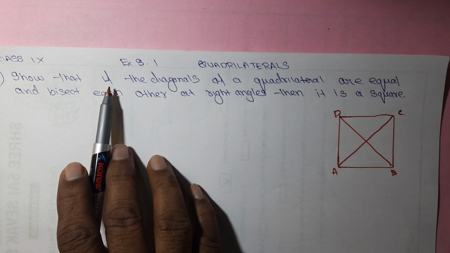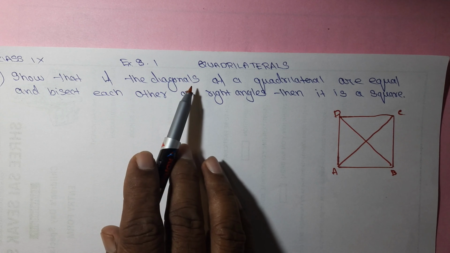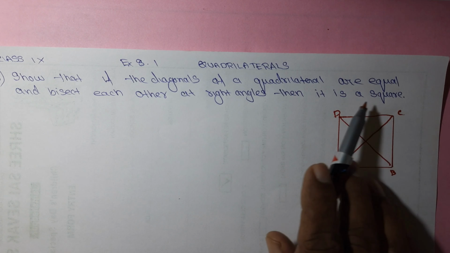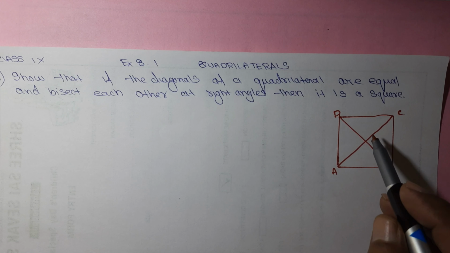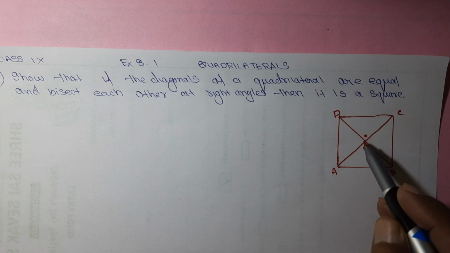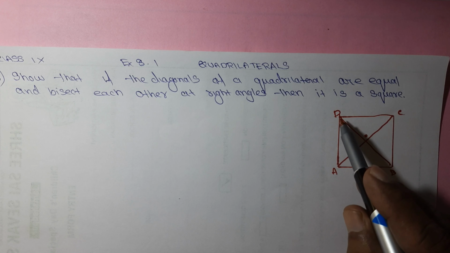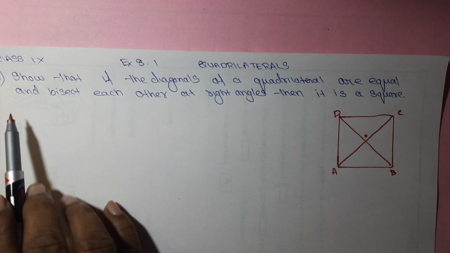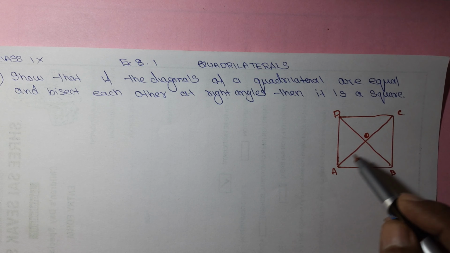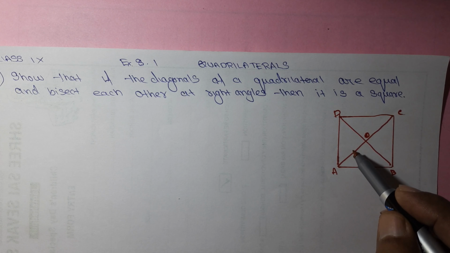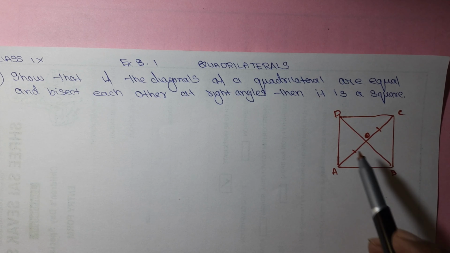Show that if diagonals of a quadrilateral, this is a quadrilateral because this is a four-sided figure, are equal, that means AC is equal to BD, and bisect each other. Bisect means this is O. That means OA and OC are the same.